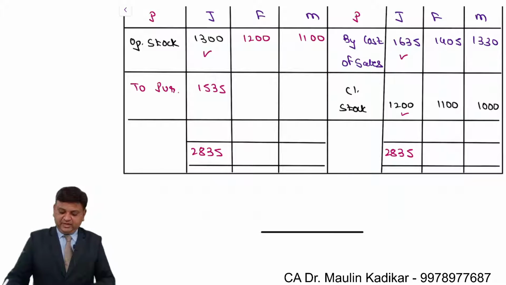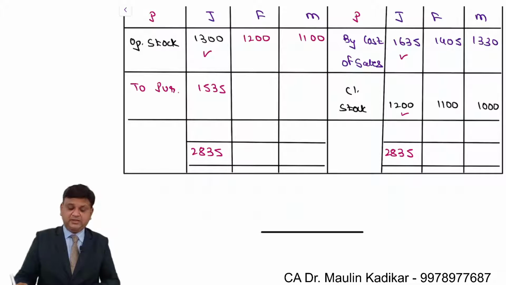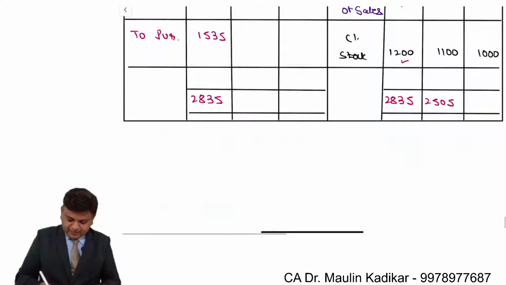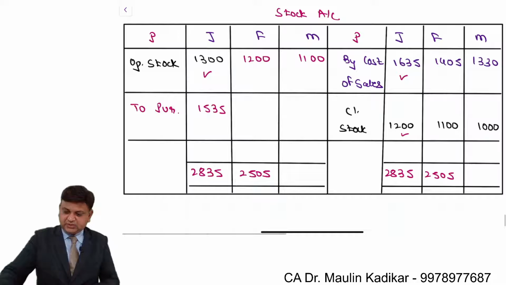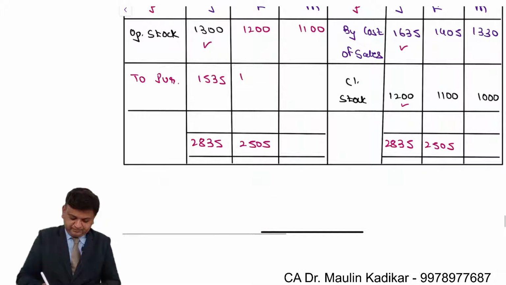In February, what will happen? Understand that 1405 plus 1100, that is 2505. Over here it is 2505 minus 1200, so purchase is 1305.